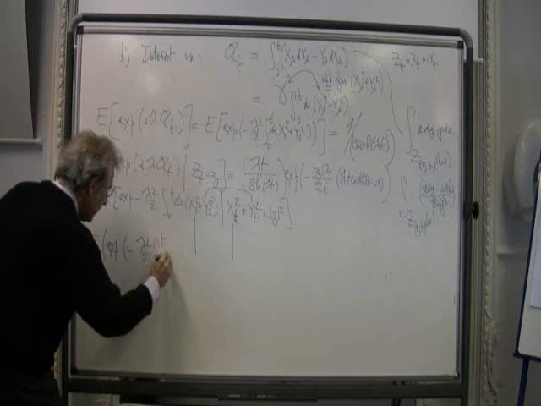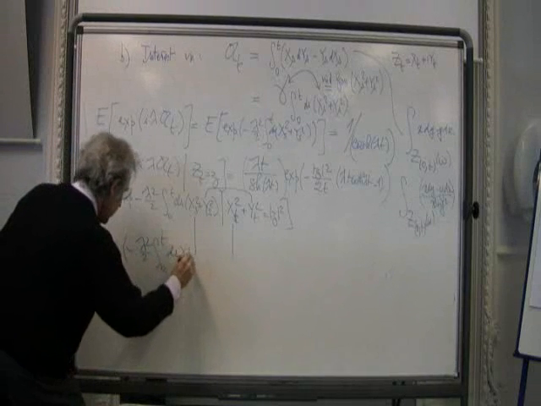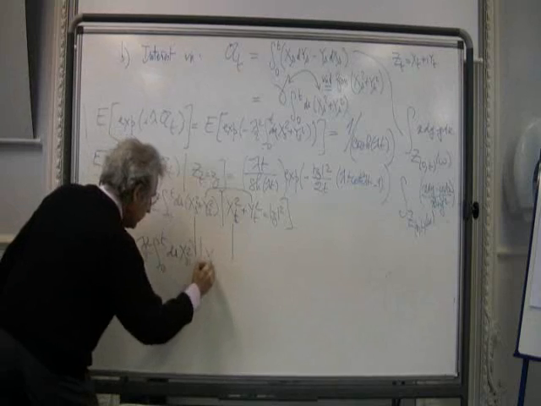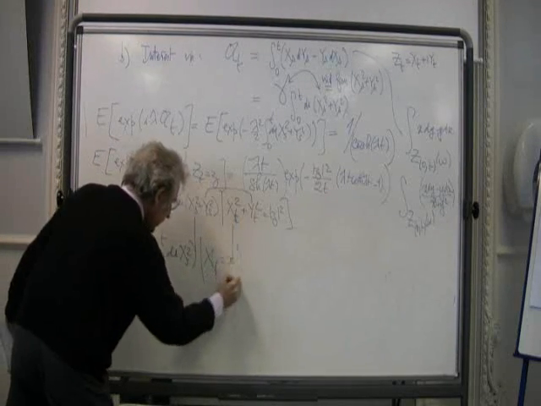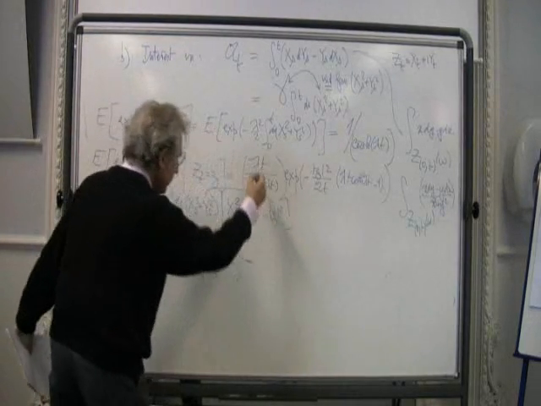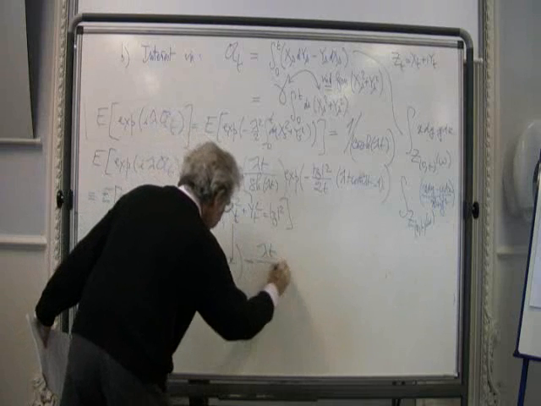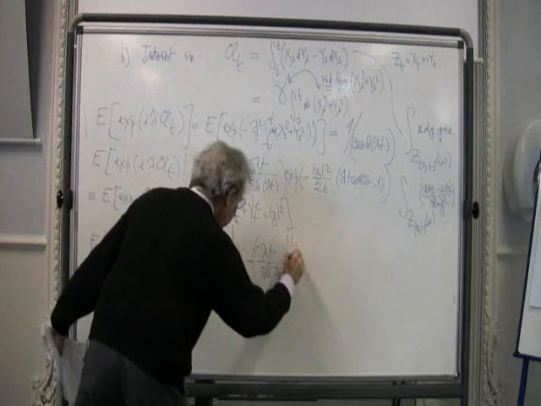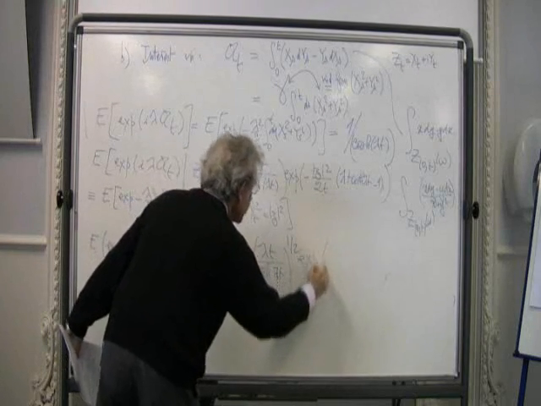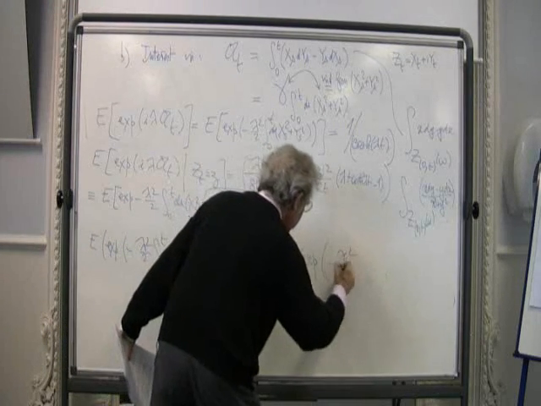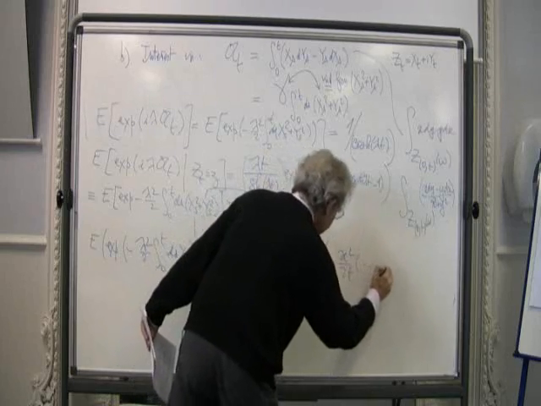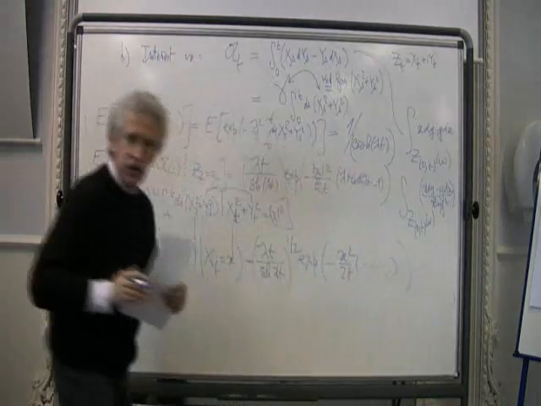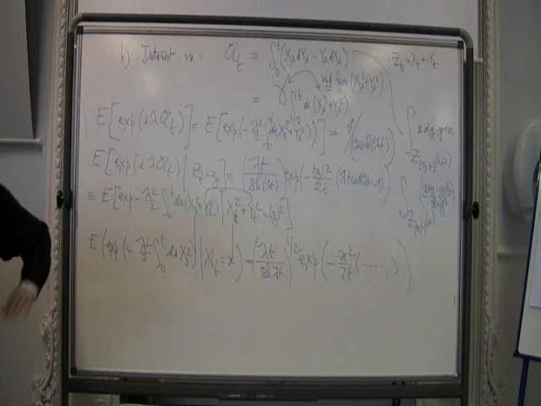The expectation of exponential of minus lambda squared over 2 times the integral from 0 to t of ds X_s squared, given X_t equals little x, equals, now we take the square root, (lambda t over sinh lambda t) to the 1/2 times exponential of minus x squared over 2t and so on.